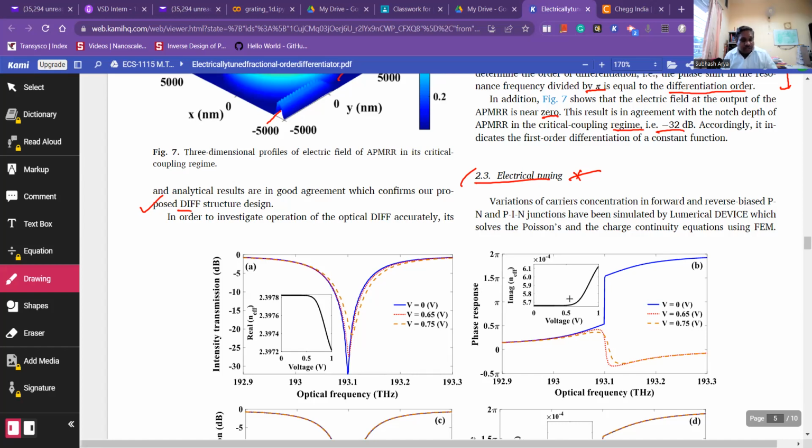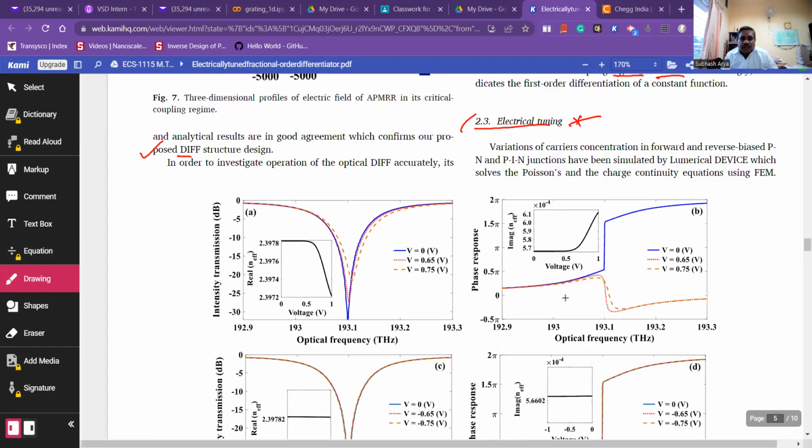Two equations are there. In Laplace equation, del dot V is equal to 0. However, in Poisson, del dot V is equal to some rho, because there is some charge. And charge continuity equation consists of drift diffusion equation, it seems. And these two equations have been solved using finite element method on numerical device.